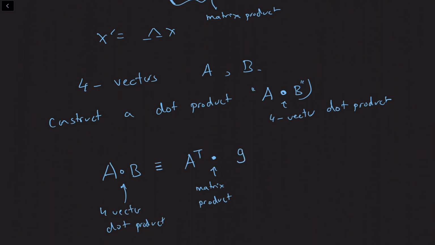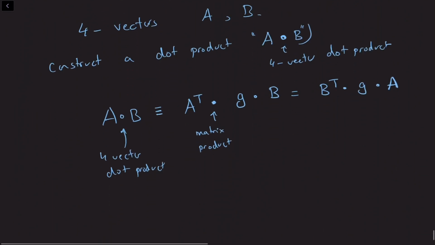And you can easily check, by taking the transpose of this, that it's going to be equal to B transpose dot G dot A.